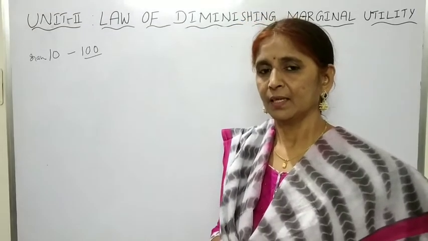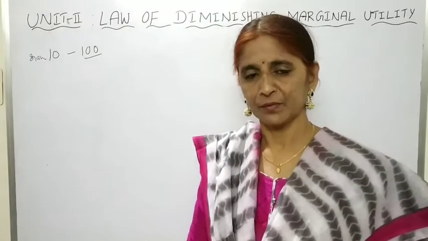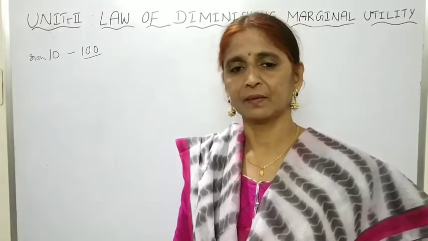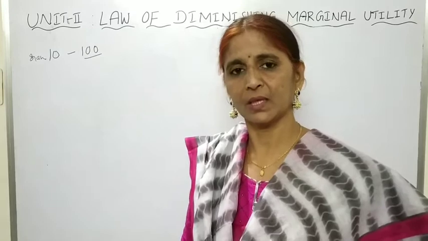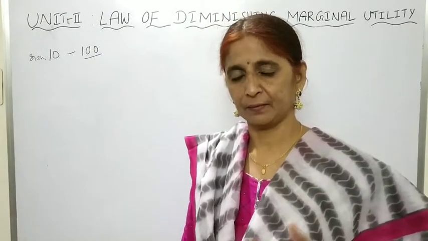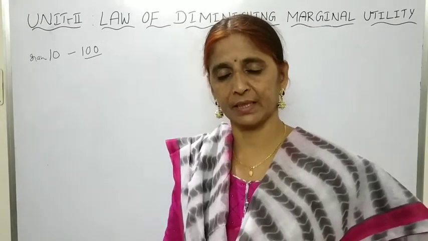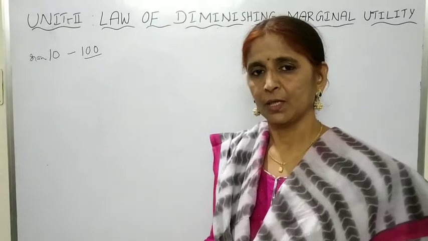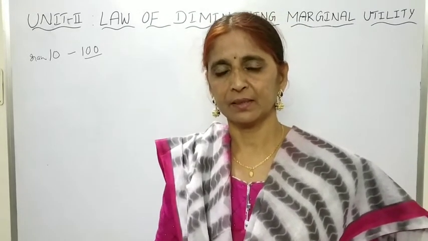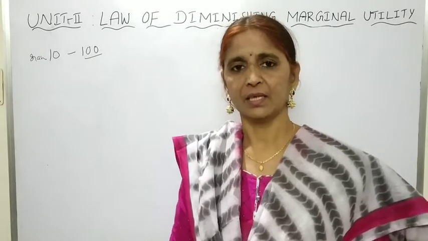Like that, the utility derived by the consumer from the consumption of all the units of the same good is called the total utility. So TU increases at a decreasing rate. If the quantity increases, TU increases at a decreasing or diminishing rate. Next one, MU. By consuming an additional unit, the additional satisfaction derived by you is the marginal utility.